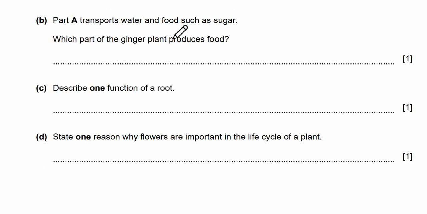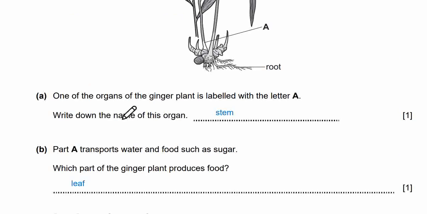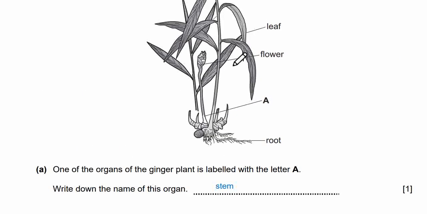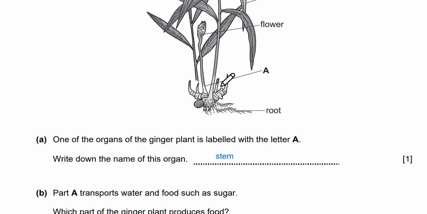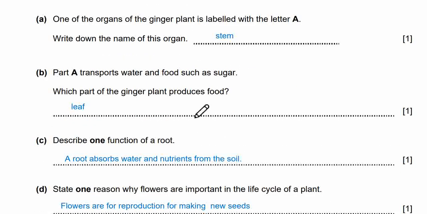Which part of the ginger plant produces food? It will be the leaf, because in the leaf there is chlorophyll so that the plant can do photosynthesis. So let's type the answer. The answer is leaf. So the leaf part contains chlorophyll that enables photosynthesis to make food.